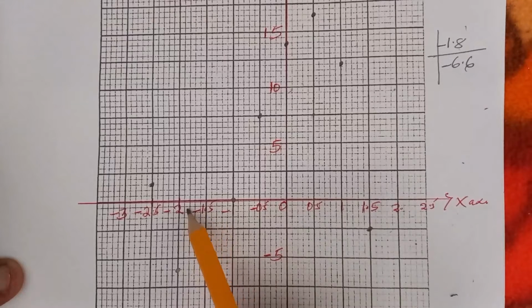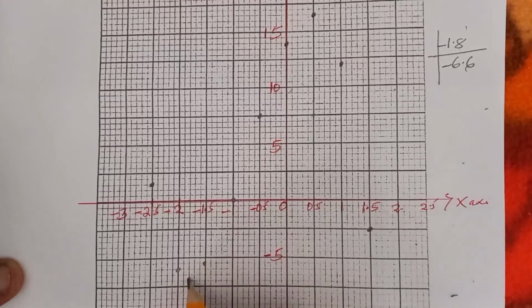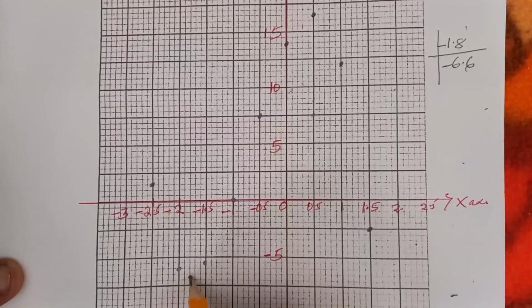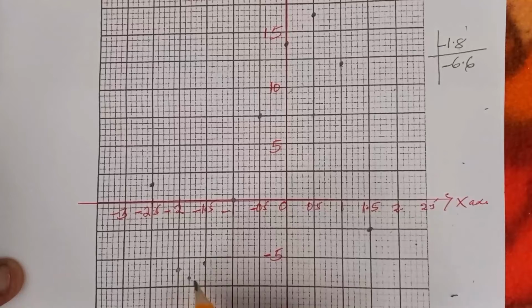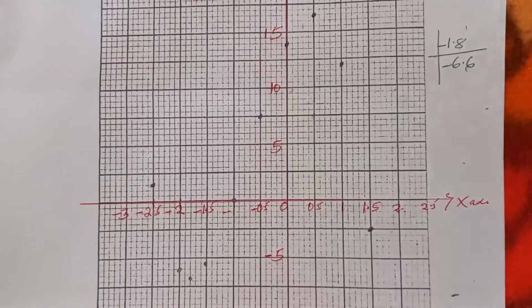Then negative 6.6 will be somewhere there. When you plot now, you can see the curve will be smooth when you join these points. So let us join those points using a smooth curve.